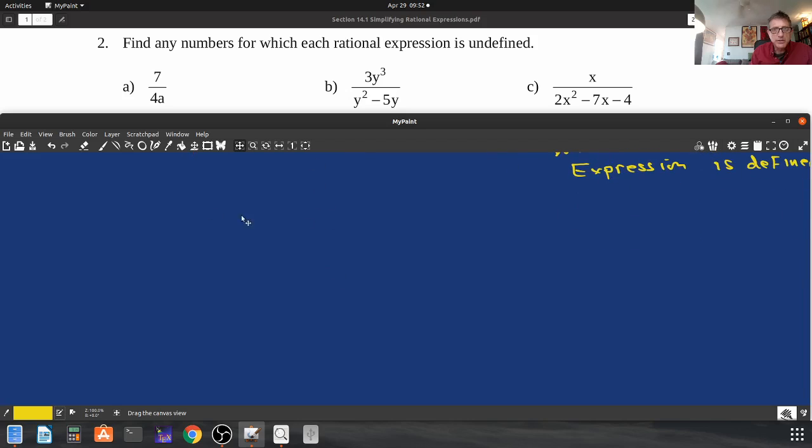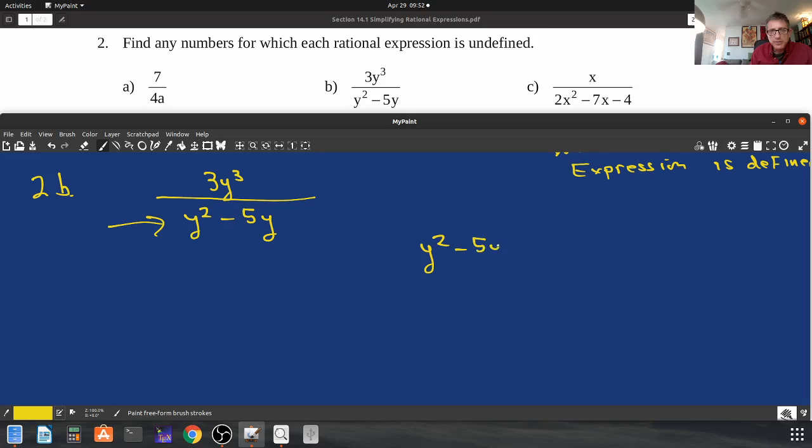So let's do number B. We have 3y squared. Notice it doesn't matter what you have in the numerator. The numerator does not come into play in this process. So here is the denominator right here. We set it equal to 0. The only way we have to solve this, because this is a degree 2 polynomial, is to first factor it.